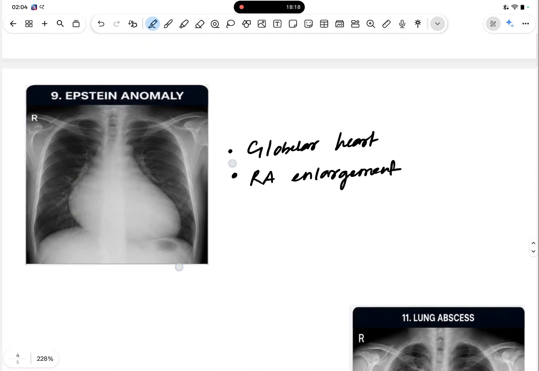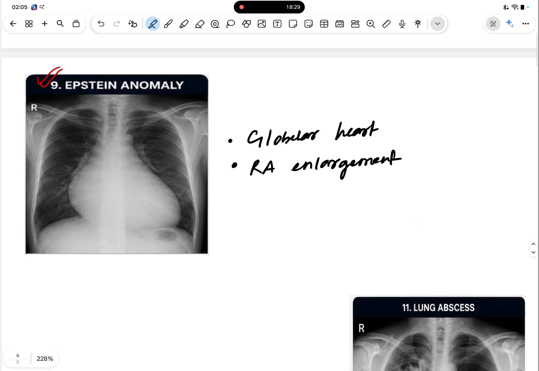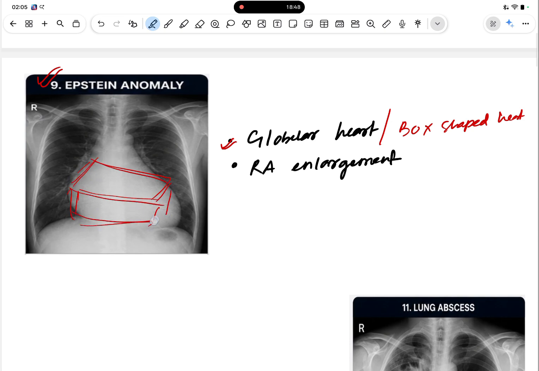The next X-ray is of Ebstein anomaly. Ebstein anomaly is a congenital heart disease. In this the heart appears globular in shape, also known as box-shaped heart. If we keep a box like this, right, this is the box-shaped heart. There is right atrial enlargement.